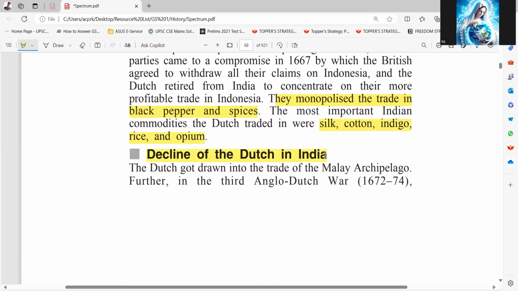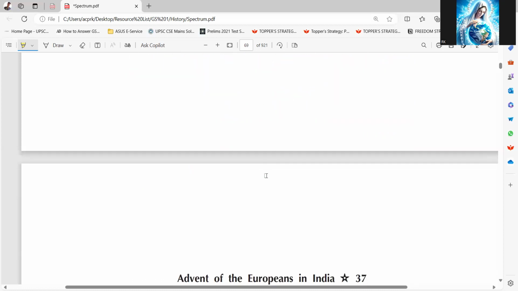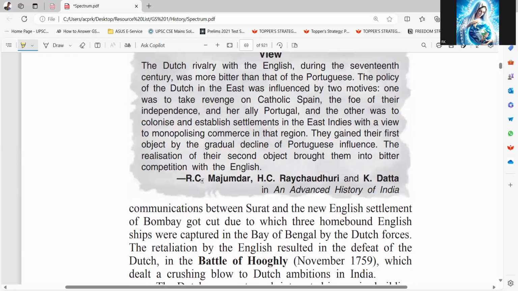Decline of the Dutch in India. The Dutch got drawn into the trade of the Malay archipelago. Further, in the Third Anglo-Dutch War, 1672 to 1674, communications between Surat and the new English settlement of Bombay got cut, due to which three homebound English ships were captured in the Bay of Bengal by the Dutch forces.